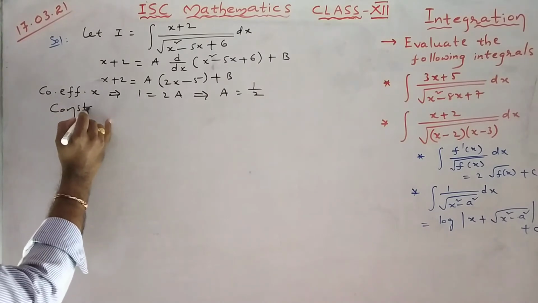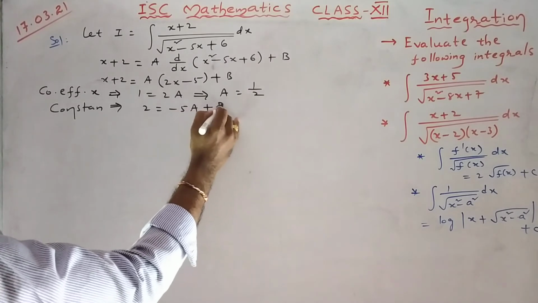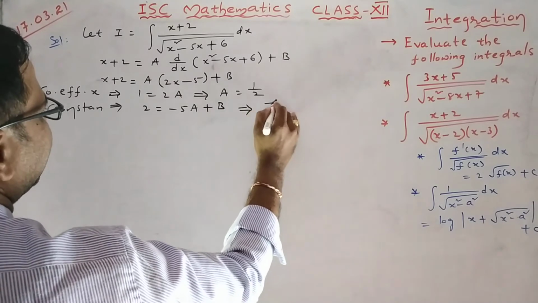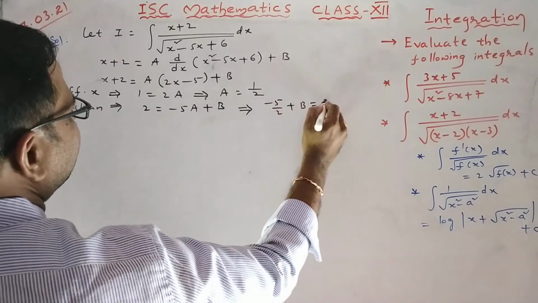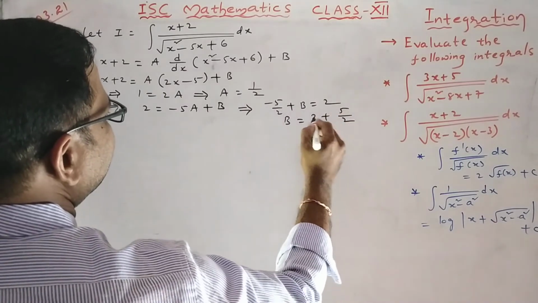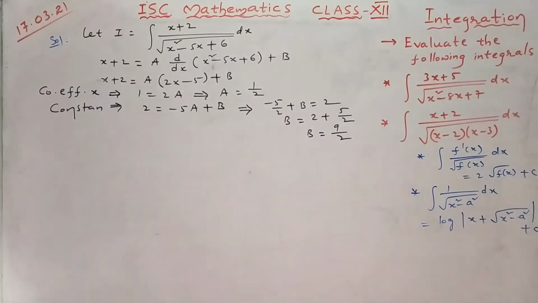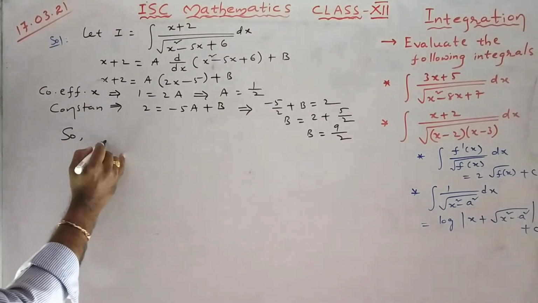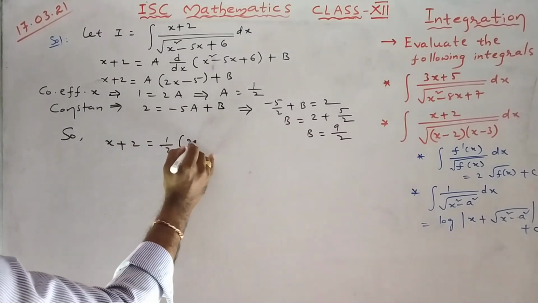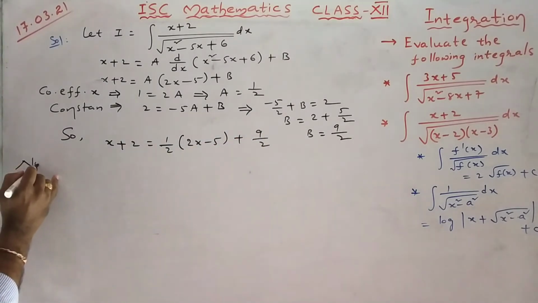If you compare constants, we get 2 equals minus 5a plus b, right? So minus 5a means minus 5 by 2, plus b equals 2. So b equals 2 plus 5 by 2, that means 2 twos are 4 plus 5, 9 by 2. Correct, 9 by 2. So we can write x plus 2 as 1 by 2 times (2x minus 5) plus 9 by 2.